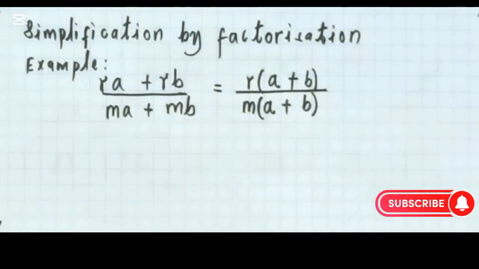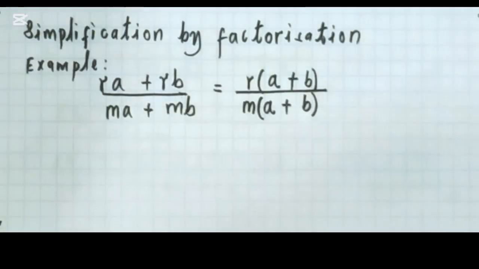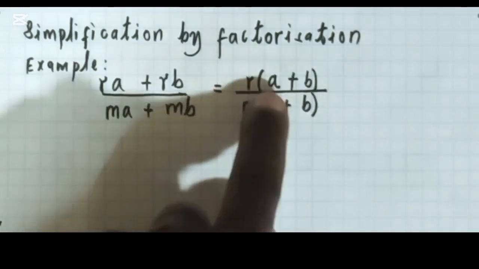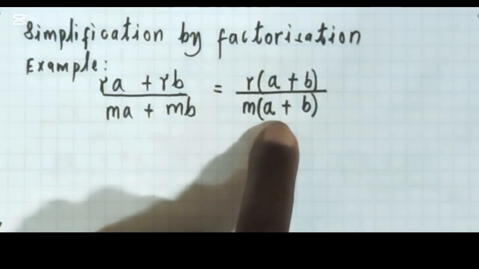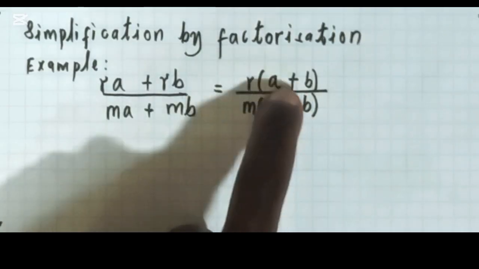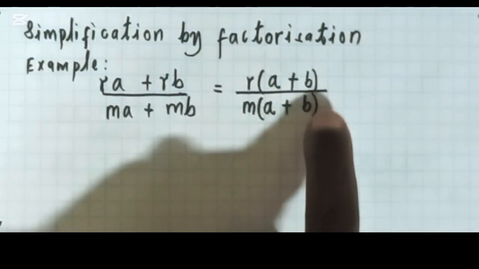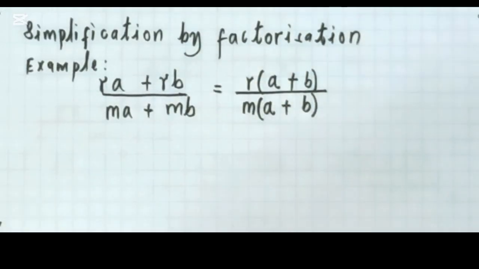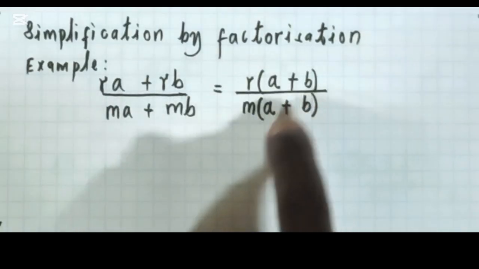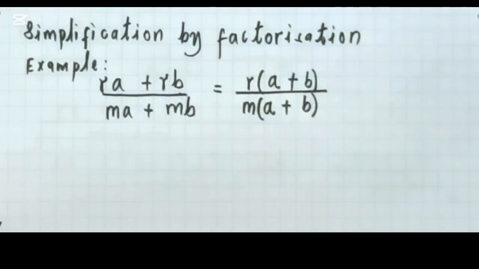Awesome. So we've factorized the numerator and the denominator. I wanted to note that after factorizing, we're still having common factors in our numerator and denominator, and that is the identical A plus B and A plus B in the brackets there.